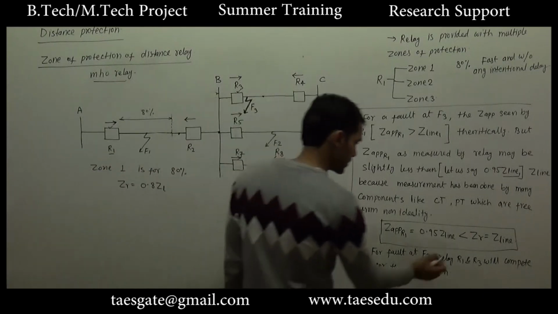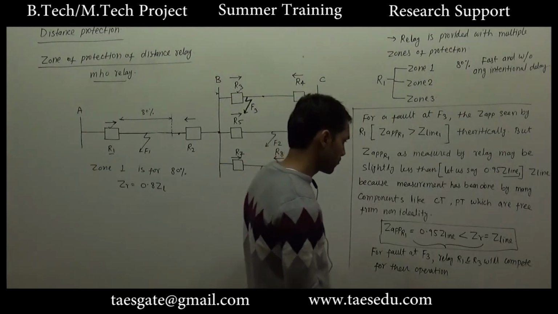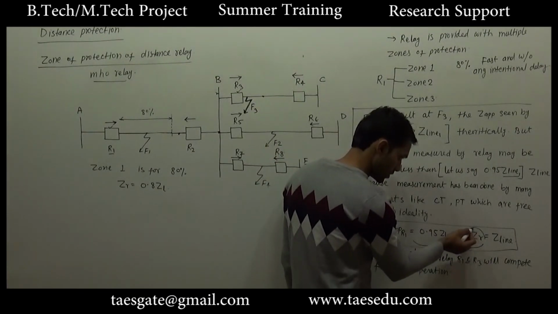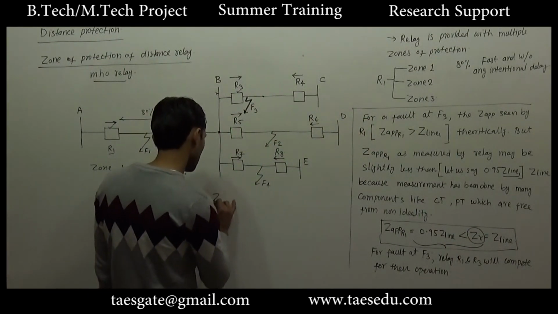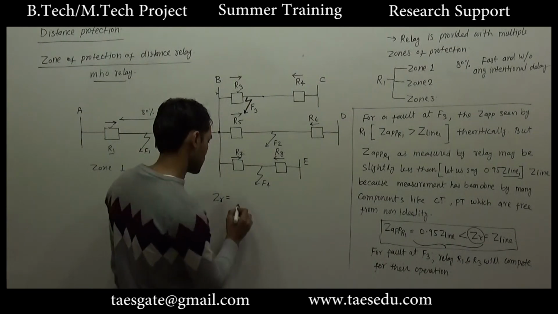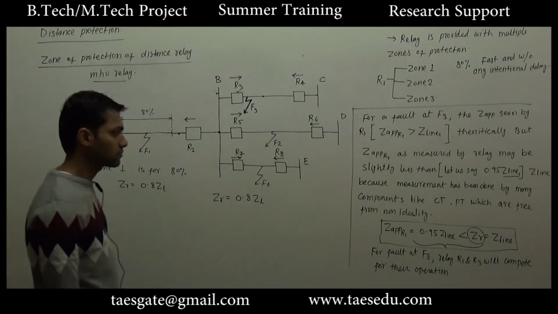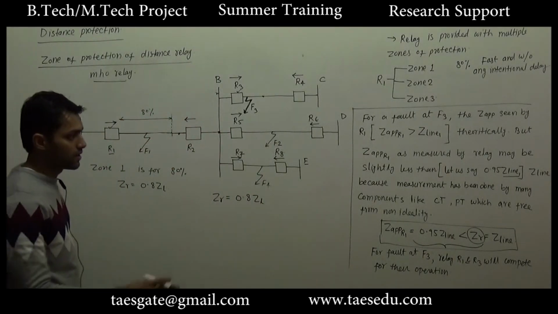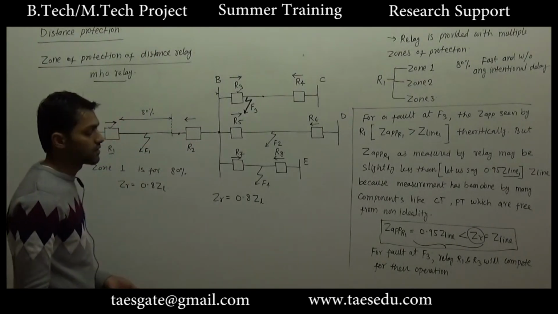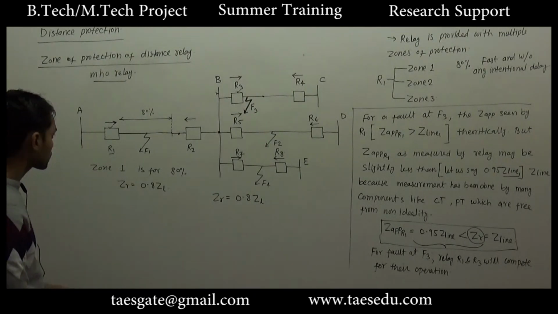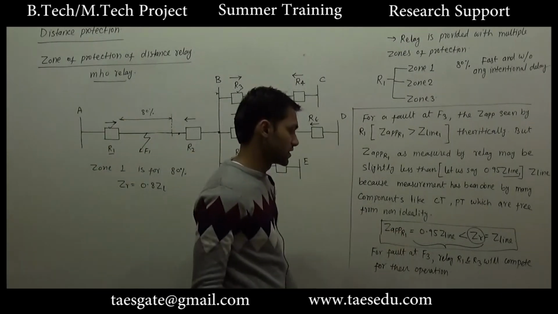So to avoid this condition, what should be done? Let us put a lower value of reference impedance. If we put ZR equal to 80% of the Z line, let's say 0.8 Z line, and the error in the measurement or the non-ideality is not so high that the apparent impedance measured by R1 will be less than 0.8 of the Z line.